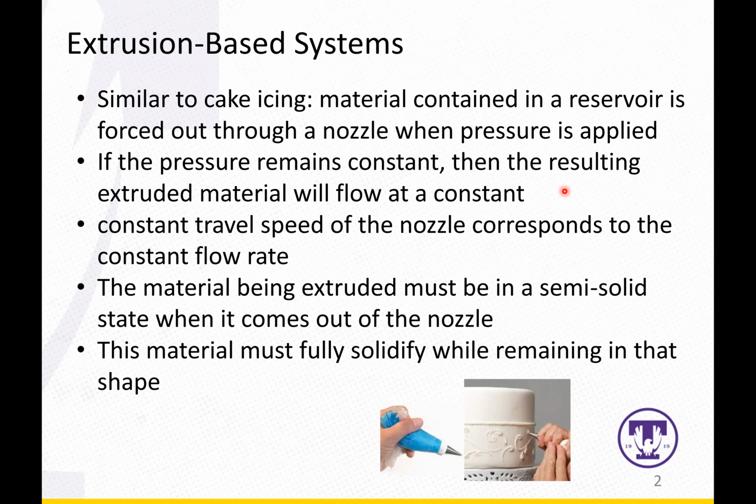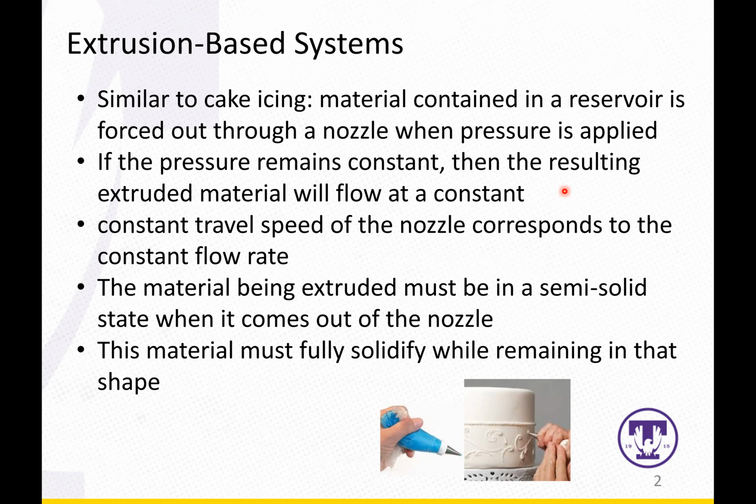So remember, when you do the cake icing, you want to make sure the force you apply is a constant force, such that the resulting pattern will be good looking, right? Otherwise, it will mess up your cake icing.